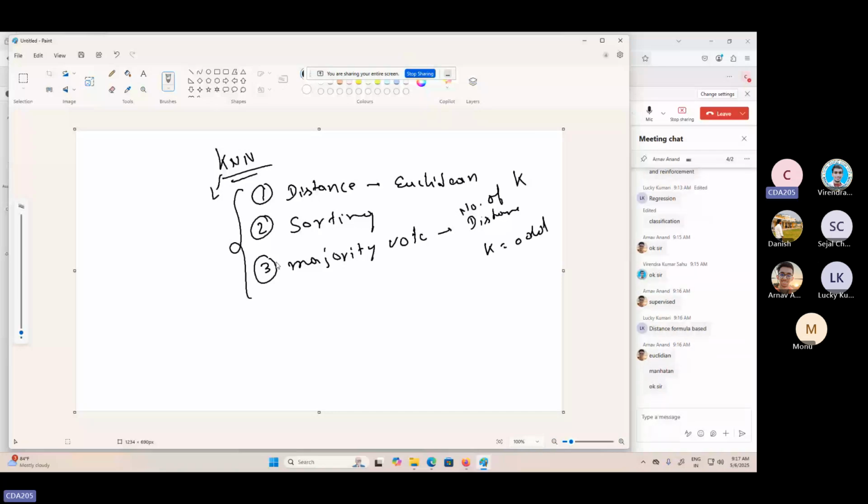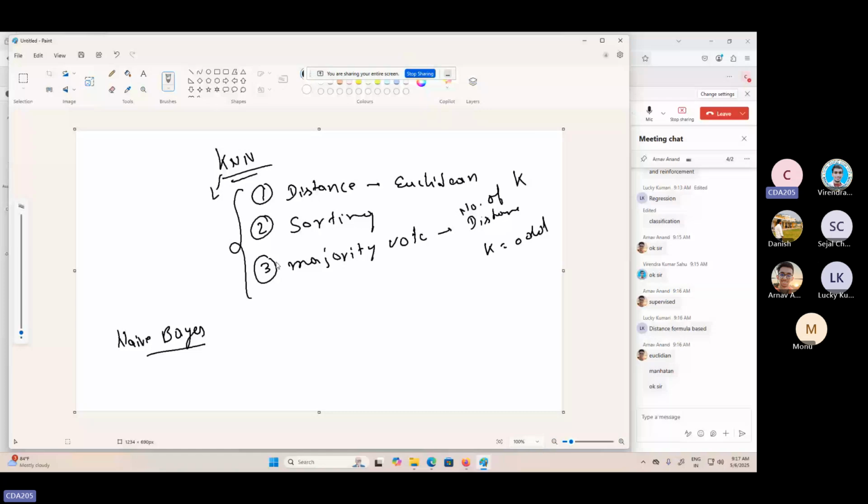Now come to the next part, that is naive Bayes. When we talk about naive Bayes, what is that? Naive Bayes is a probabilistic machine learning algorithm based on Bayes theorem.